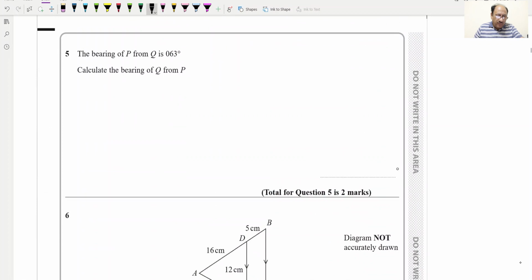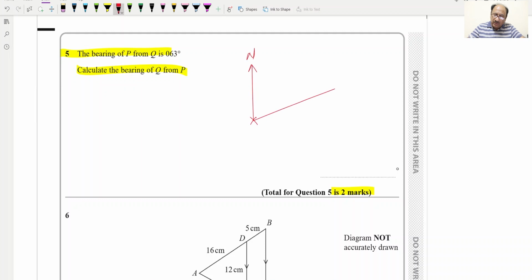Now question number 5. Question number 5 is a bearing question and it is 2 marks. The bearing of P from Q is 063. So Q we can take over here and this will be our north, and P is 063.